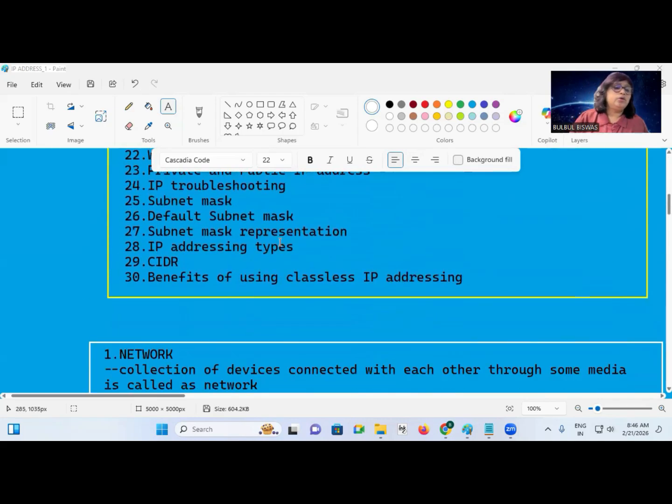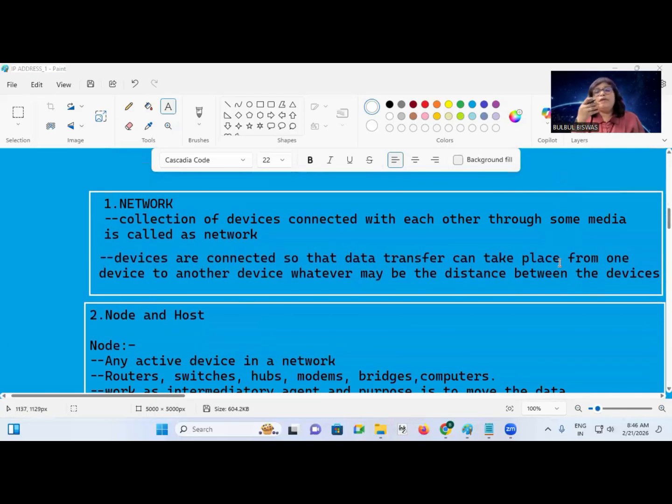In this video, I'm going to cover about 30 topics, but I told you that I will summarize everything here because all the details are given in the networking videos. Now, when we connect a collection of devices for data communication purposes, we call it a network.